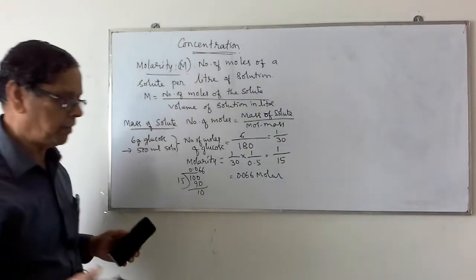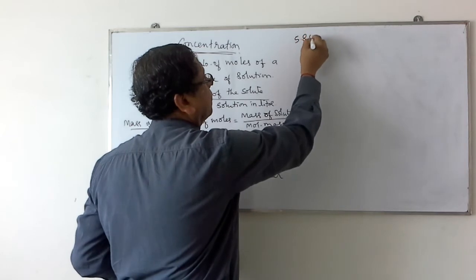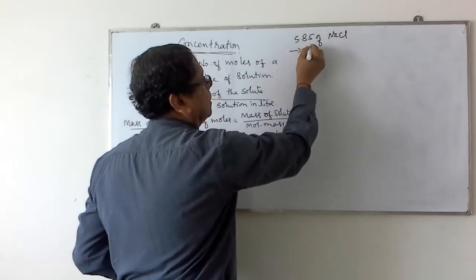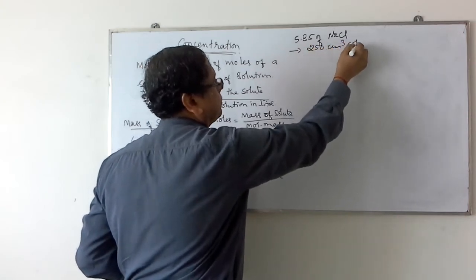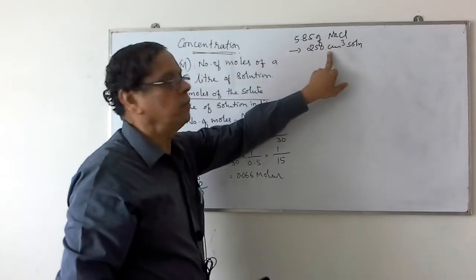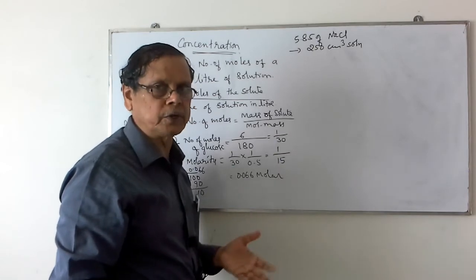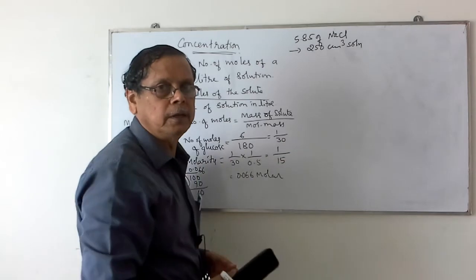Let me take one more example. Suppose I am giving you 5.85 grams of sodium chloride dissolved in 250 cm cube of water solution. There will not be much change in the volume of the solvent or solution, so it can be taken as the volume of the solution, 250 cm cube.